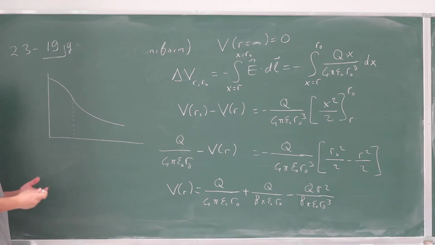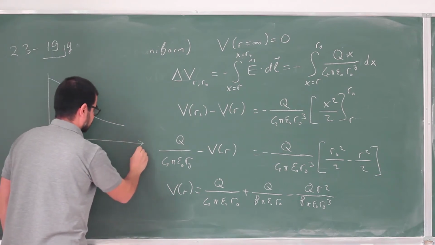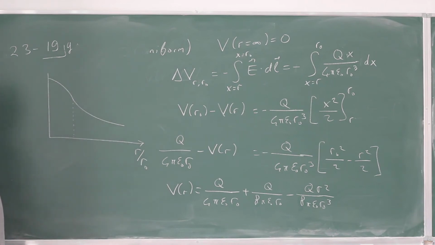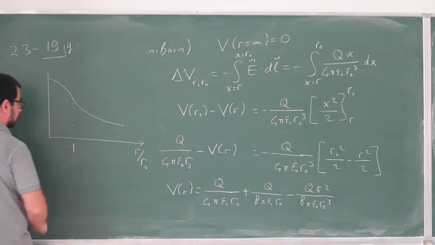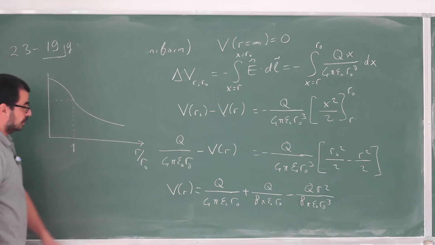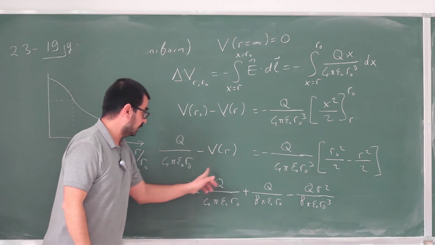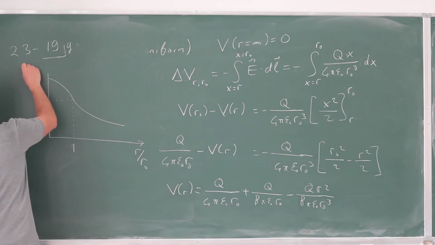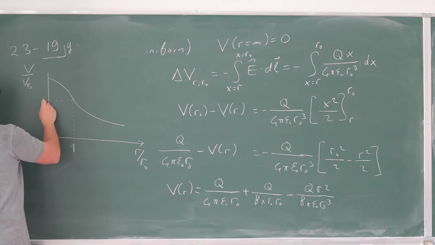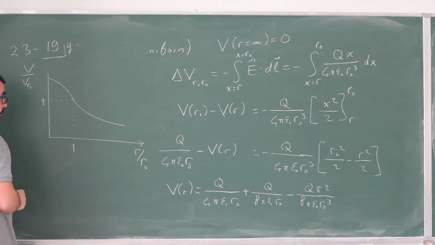In fact, it's much more convenient to write all of your r in terms of r over r0. So this is just going to be at 1. And of course, at that point, we are going to have just V at r0. So it's much more convenient to write this as V by V at r0. And this is also going to be at 1 as well.